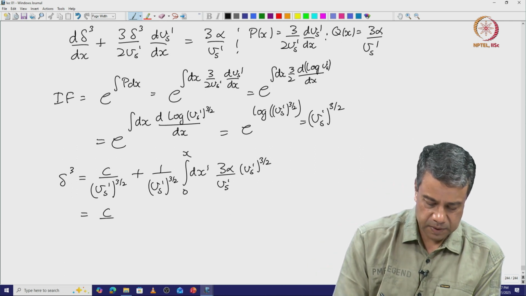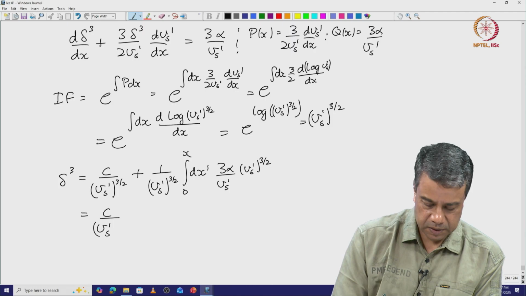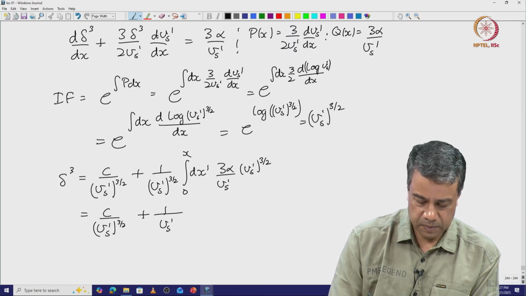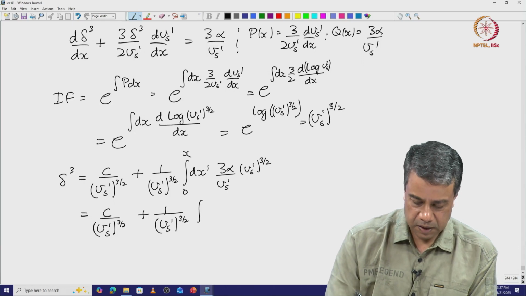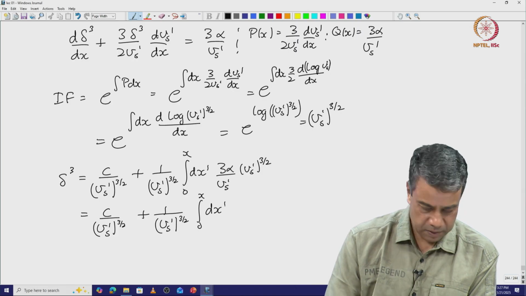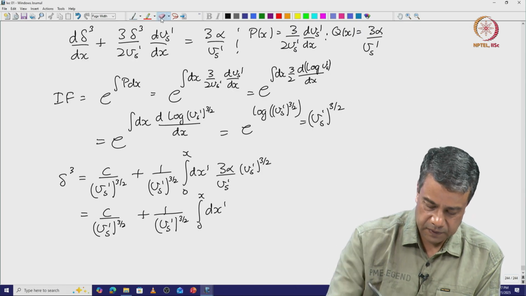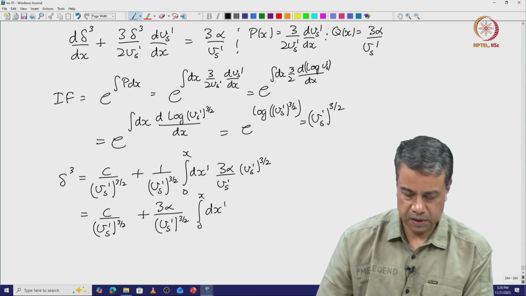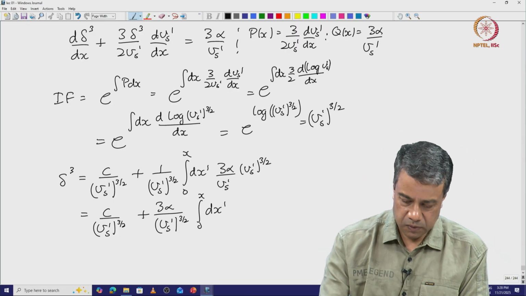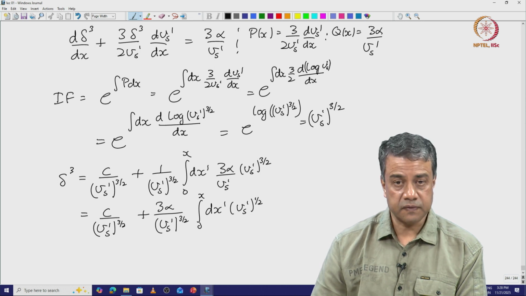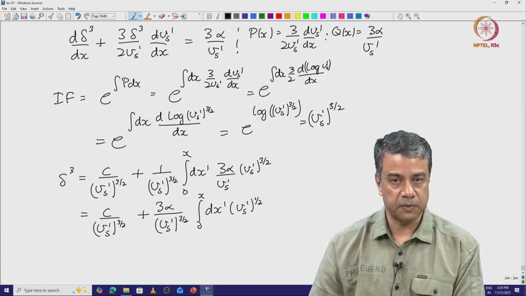So, this is c by V s prime to the 3/2 plus 1 by V s prime to the 3/2 integral 0 to x dx prime. I can take the 3 alpha outside, into V s prime whole to the half. So, that is the expression for the boundary layer thickness for a general 2-dimensional flow.